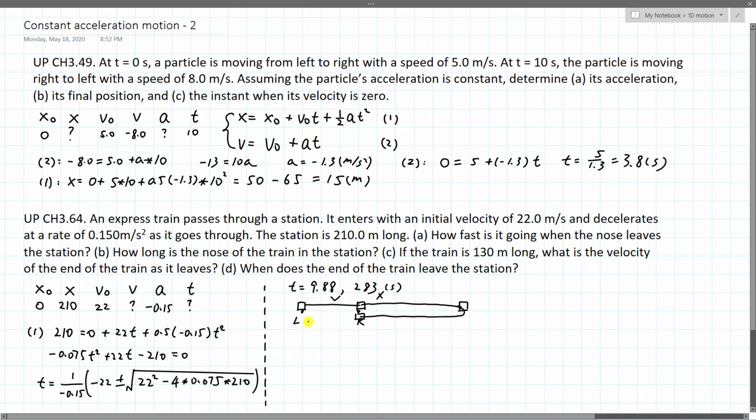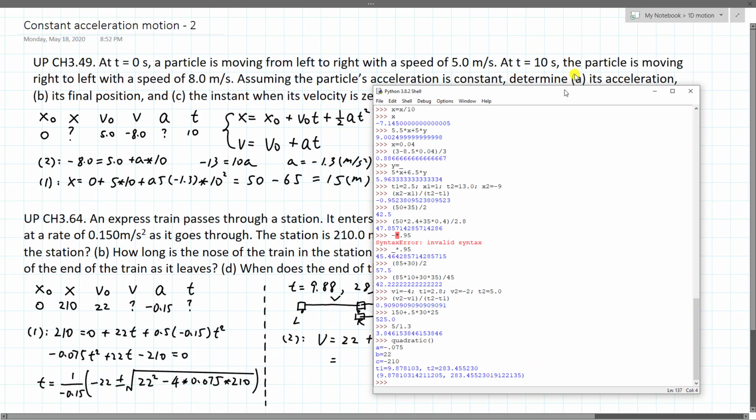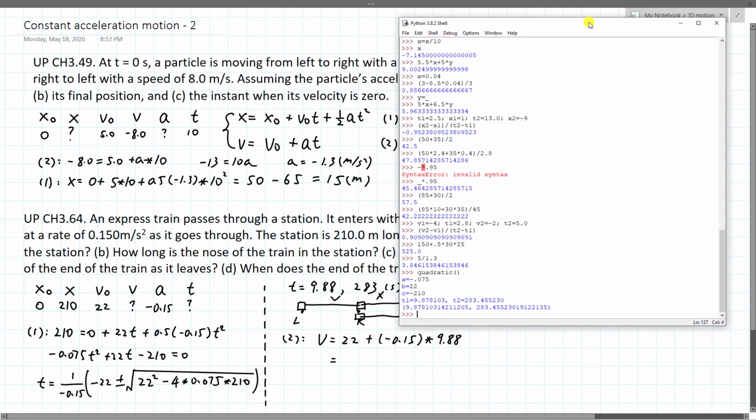So we can take it to equation 2. Equation 2 tells us the final velocity v is initial velocity 22 plus at. So a is minus 0.15 and the time is 9.88 seconds. So I have 22 minus 0.15 times 9.88.